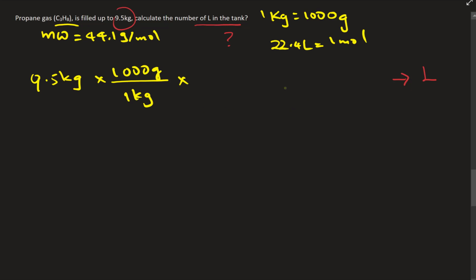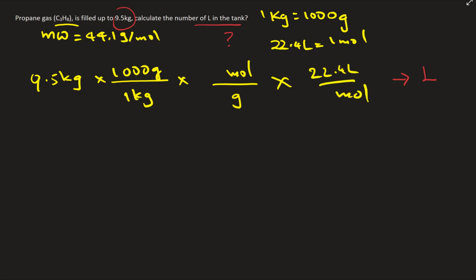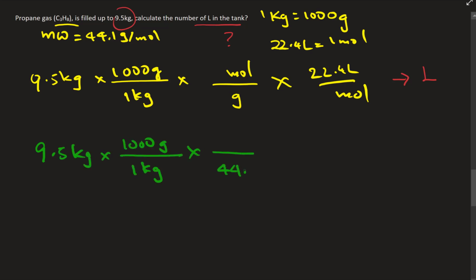Let's get the molar mass for propane. 12 times 3 and 8 times 1, that's 44.1 grams. Plug in here, and that's the molar mass, right? So let's go back and get started. 9.5 kilograms, 1 kilogram is 1000 grams, and then the molar mass for the grams, cancel gram to gram, and then mole to mole cancels out.